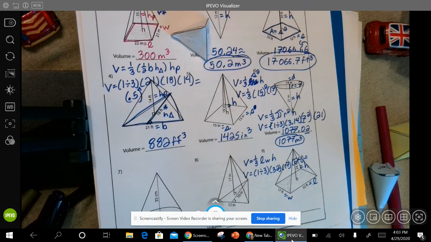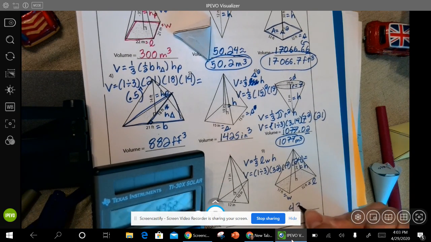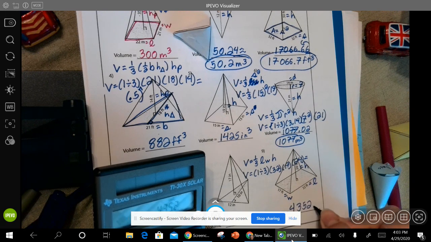Okay, so we're going to multiply those all together. Okay, and I got 4,352 feet cubed.